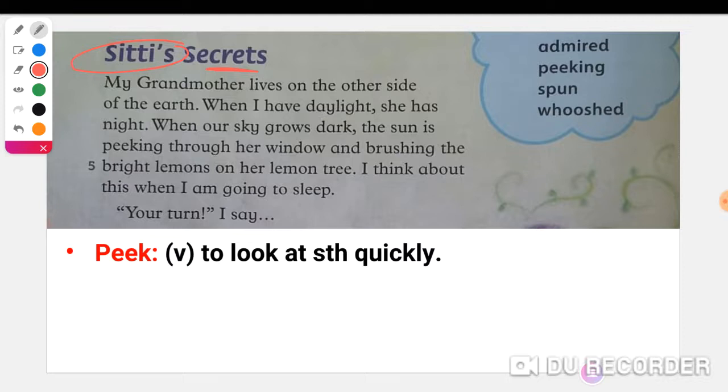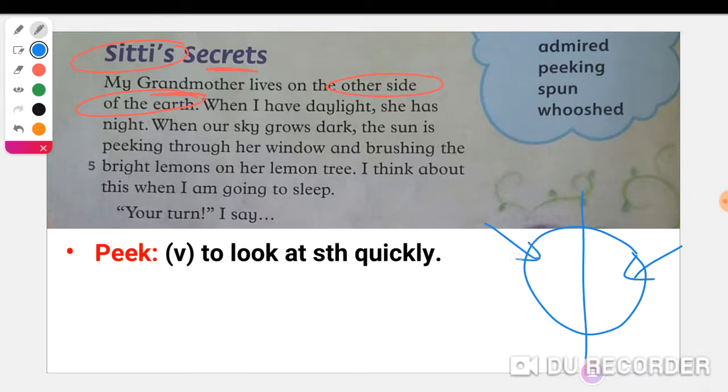So City's Secrets: My grandmother lives on the other side of the Earth. Can you remember when we drew the Earth and we said the grandmother lives here in the Middle East and Mona lives here? So Mona says my grandmother lives on the other side of the Earth.